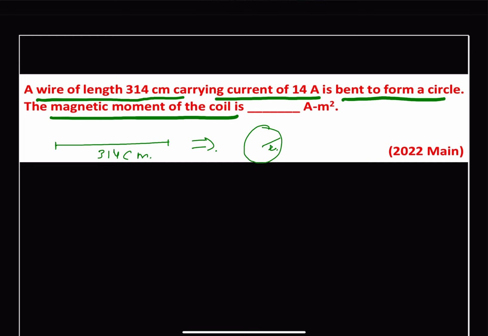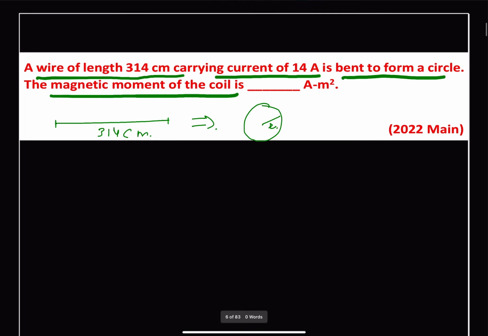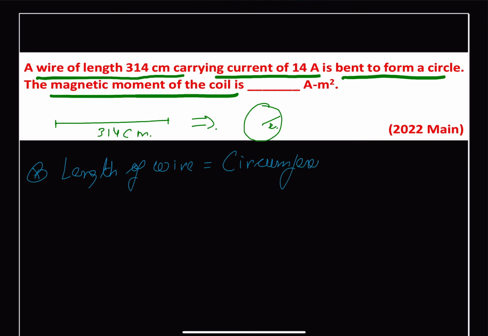Therefore we can write that length of wire is equal to circumference of circle, which gives us length 314 is equal to circumference 2 pi r.